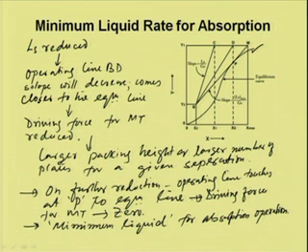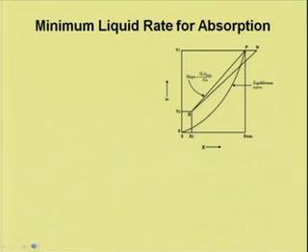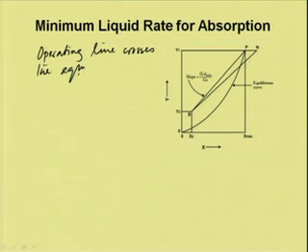Now, in another figure we can see, if we further reduce the liquid rate, the operating line crosses the equilibrium line. That means, in one section of the column absorption is taking place and in another section of the column desorption occurs, which is physically impossible.